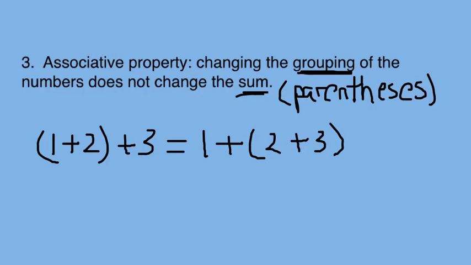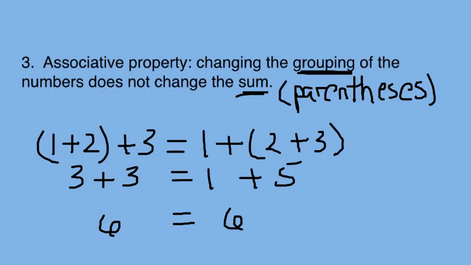Well, do they equal the same thing? In this one, I have to do parentheses first and say 3 plus 3. And in this one, I'm going to say 1 plus 5. Do they both equal 6? Yes. So we need to come up with some method to remember these properties. Associative and commutative seem to be the ones that students get confused the most, so we'll go over some little sayings when we review notes tomorrow.